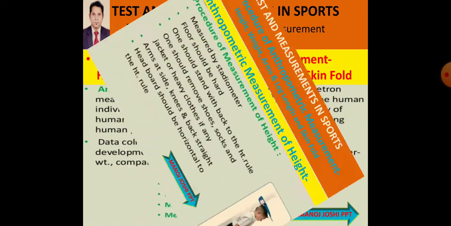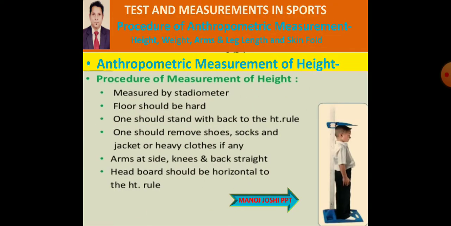So anthropometric measurements of height. Procedure of measurement of height is here. Height should be measured by a stadiometer. In the picture we can see the stadiometer. It is a rigid scale in a standing position, fixed with a base, and on it there is a measuring tape, and the measuring scale is marked.